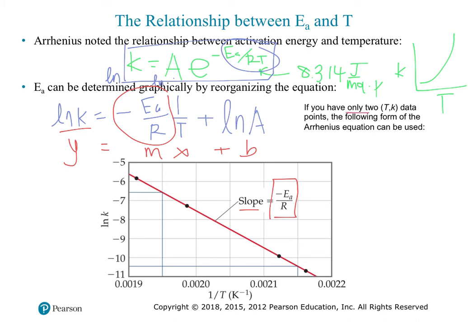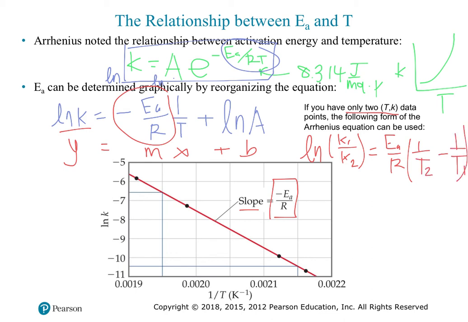When you only have 2 points, there's a somewhat helpful relationship that you could use. This works if you have more than 2 points too, but we'll do the natural log of K1 over K2 equals activation energy over R times 1 over temperature 2 minus 1 over temperature 1.